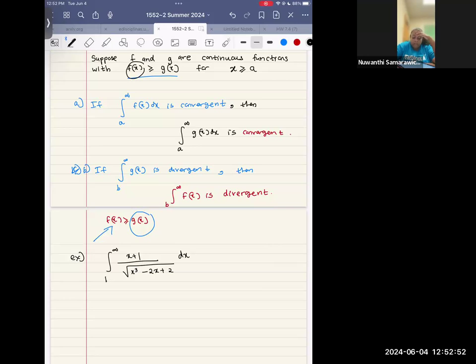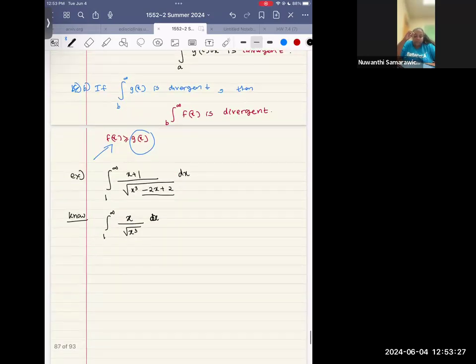So let's simplify this. Let's introduce a function: if you don't have this plus 1, and instead we just have x in the numerator, and in the denominator, without this part, you just have the square root of x cubed, then by using the power rules for exponents, what is the integrand we get?